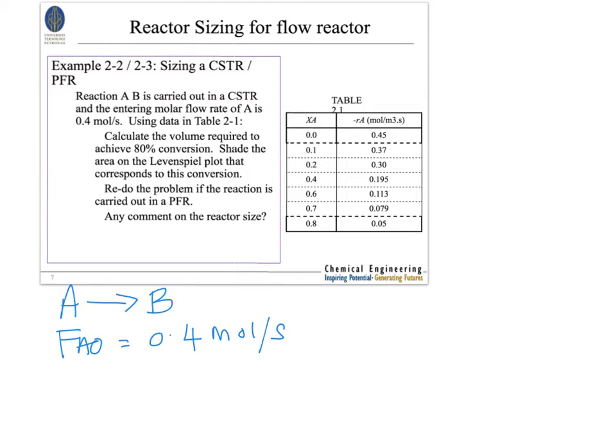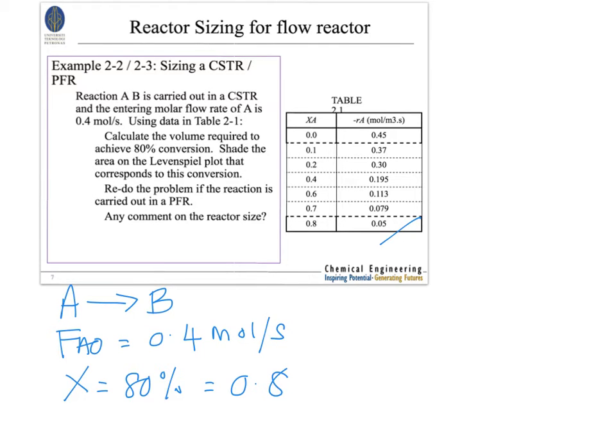Using the data in Table 2.1, calculate the volume required to achieve 80% conversion, X equals 0.8, and shade the area of the Levenspiel plot that corresponds to this conversion.